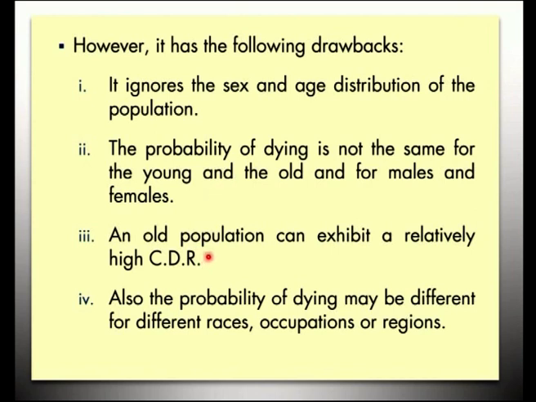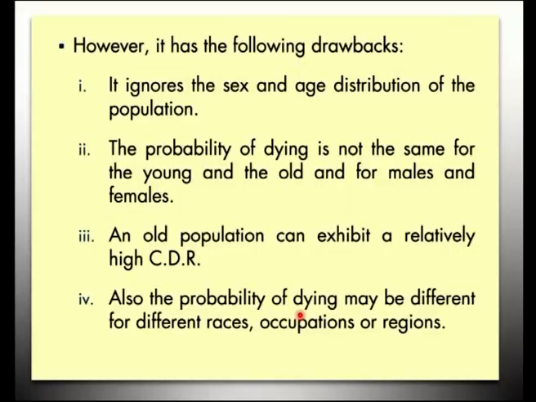So, an old population can exhibit a relatively high CDR, because as people grow old, their chance of dying is more. Also, the probability of dying may be different for different races, occupations and regions.